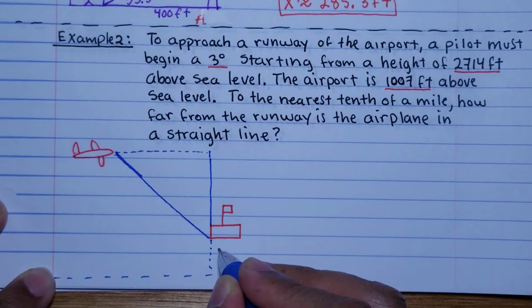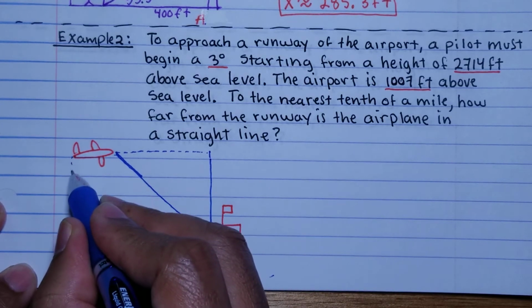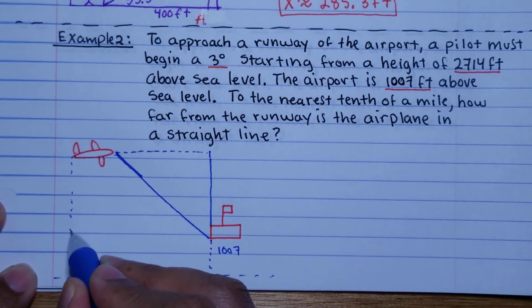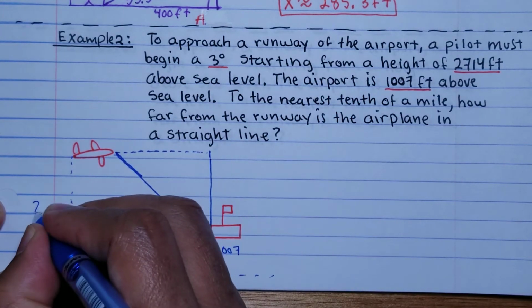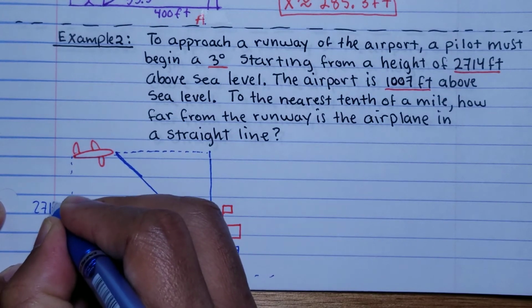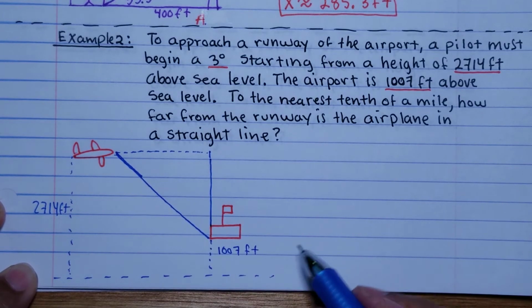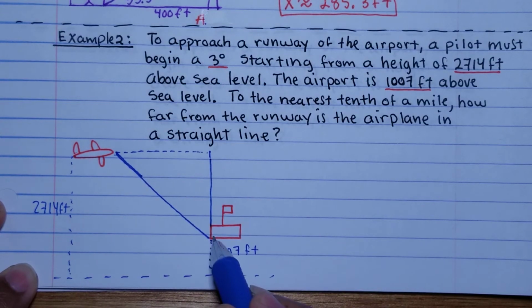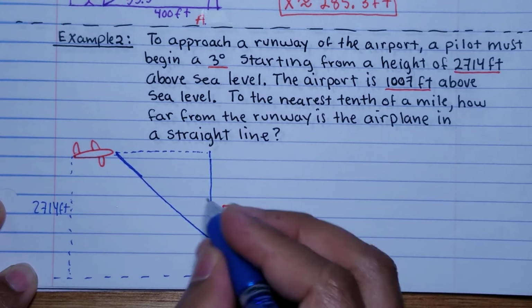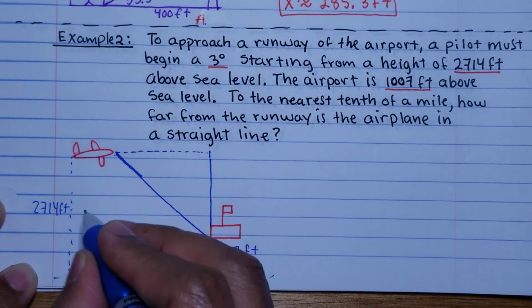So this is 1,007, and this distance here we're given is 2,714 feet. Okay, so I'm just interested in this distance, that distance there. So what we do is subtract this distance from this distance.